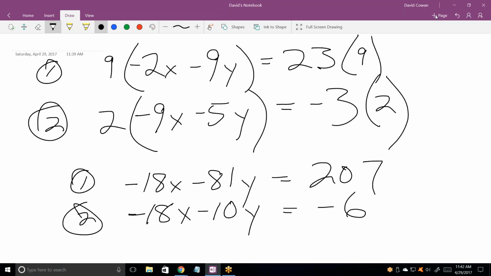At this point, I got to subtract one from the other in order to eliminate the x. Well, I'd rather this bottom term have a plus x coefficient. Well, I can do that by just, instead of multiplying it by 2, let's multiply it by minus 2.